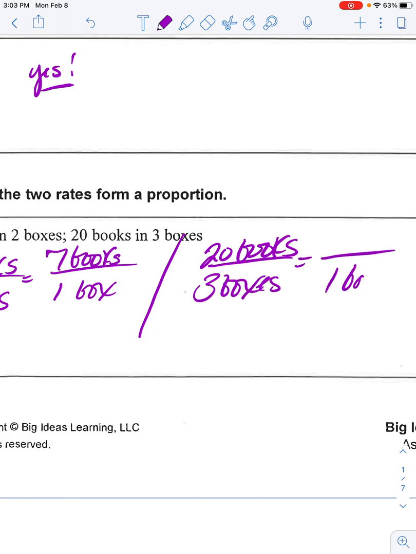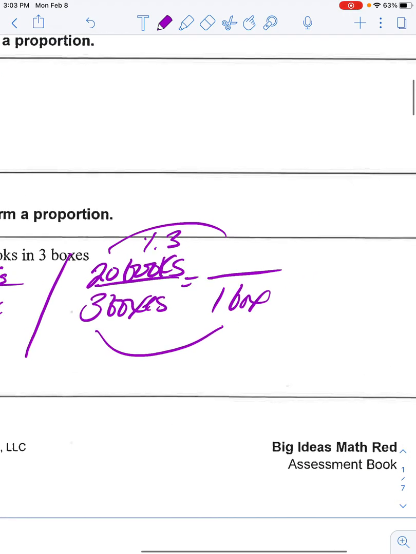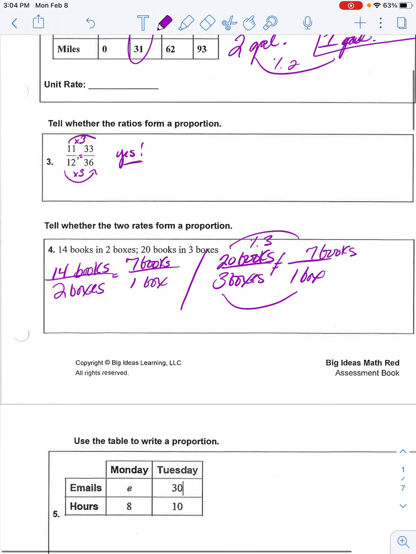If I want to get down to 1 box, divide by 3, that's not going to come out real pretty. That is not 7 books per box, right? So we're going to say no, they are not in proportion.